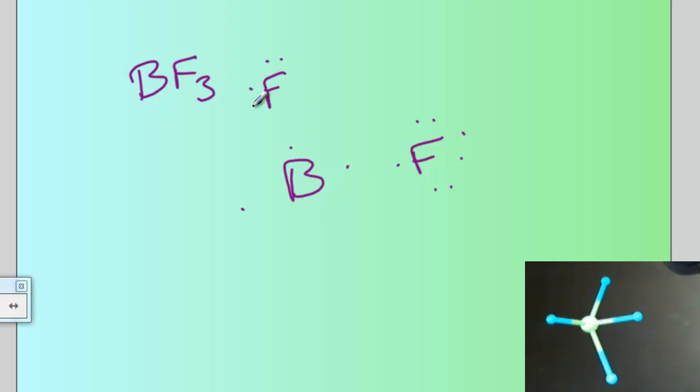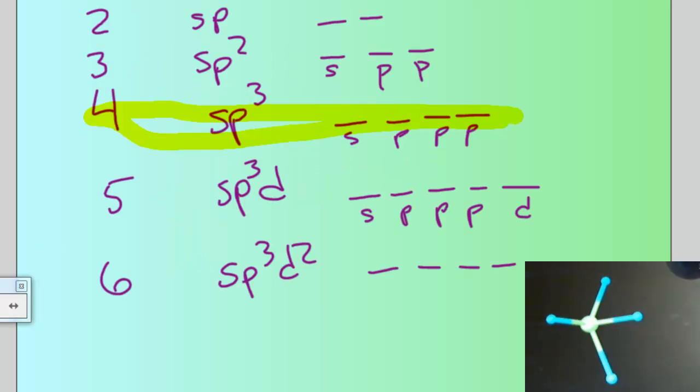Because it seems like it would normally form an ion, and it does sometimes, but it can also form covalent compounds. So we've got our fluorines here. We bond, bond, bond, and there's really nothing else I can do. So I've got 1, 2, 3 pairs. That means 3 pairs is sp2 hybridization.